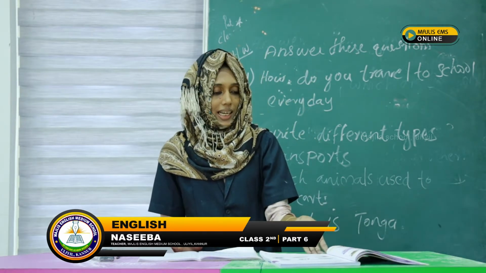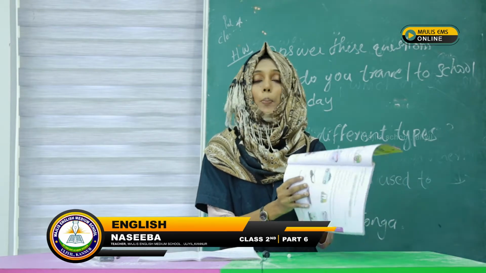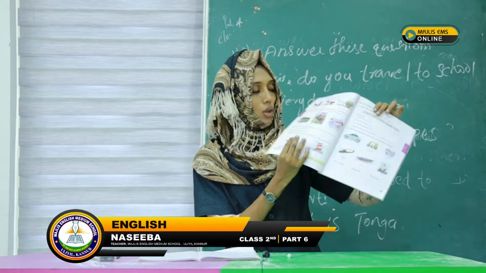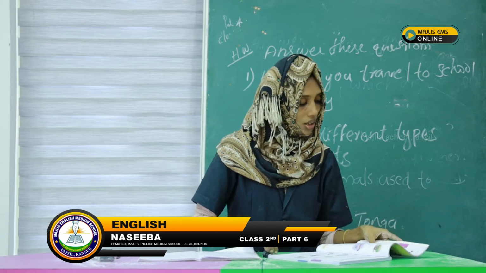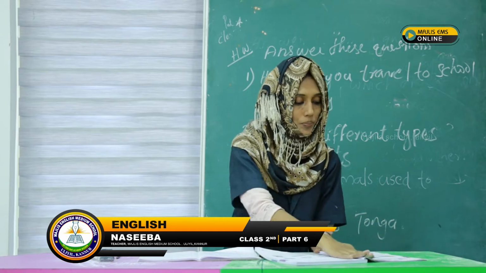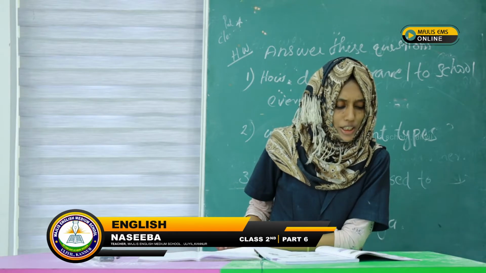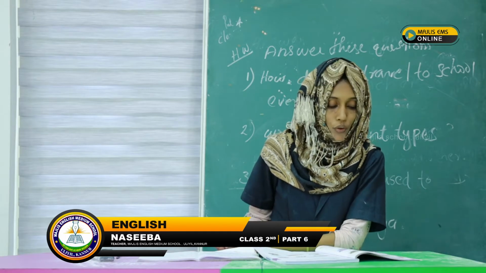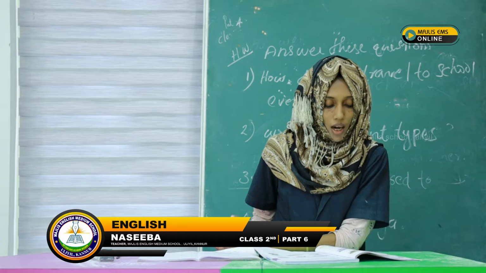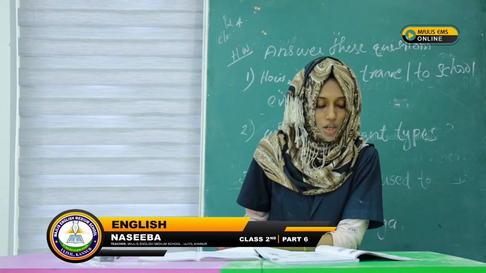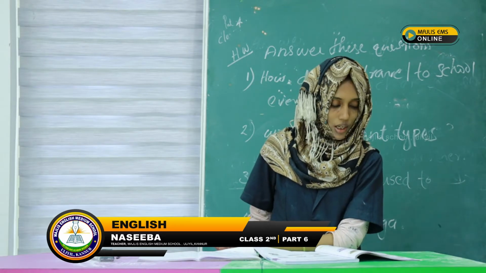Okay, then take your textbook, page number 18, and look at the next portion. The kind of transport we use depends on how far and how fast we want to travel.